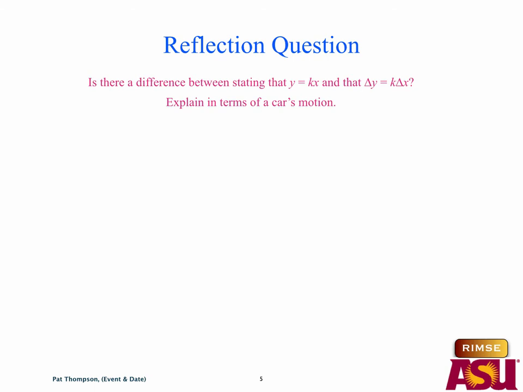Yes, because y equals kx, when we explain what y and x are, it has to be specific. So y equals kx is like a cardinal motion at a certain period in time, while delta y equals k times delta x is the cardinal motion over the period of time.